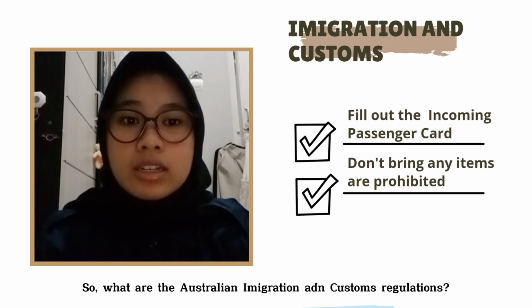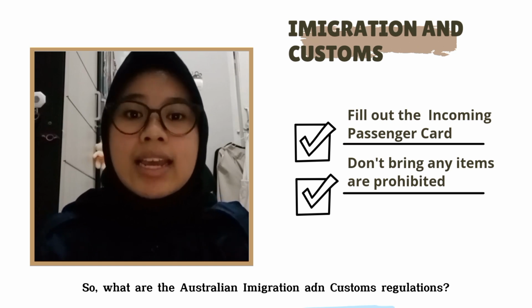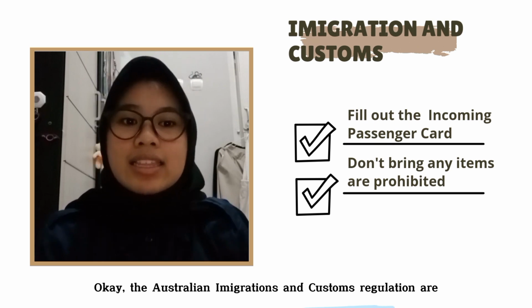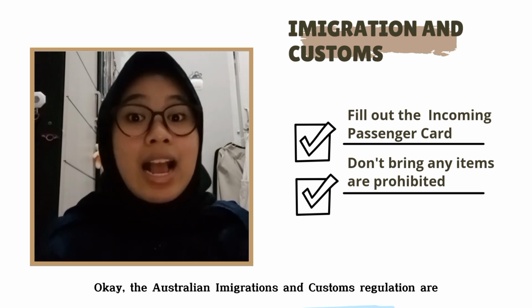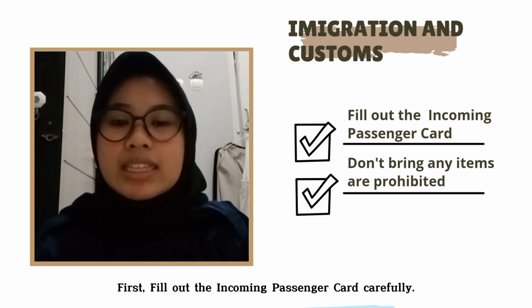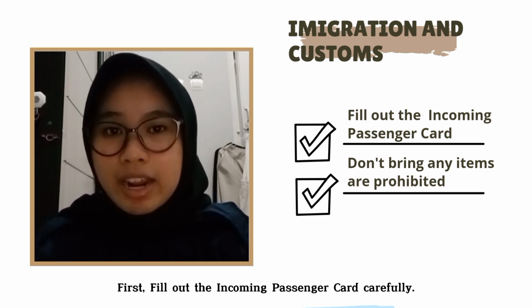So, what are the Australian immigration and customs regulations? Okay, the Australian immigration and customs regulations are: first, fill out the incoming passenger card carefully.